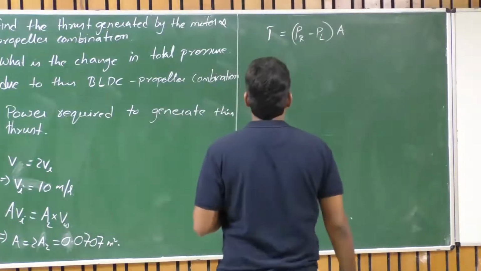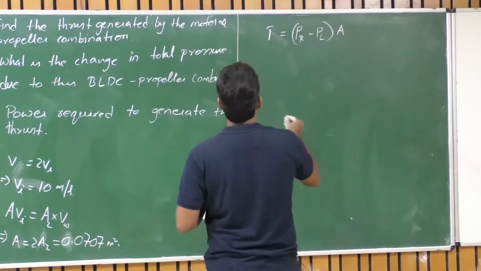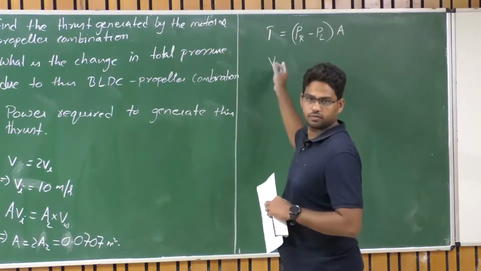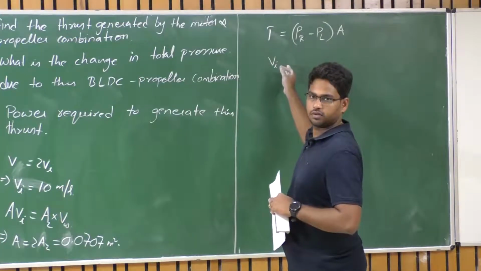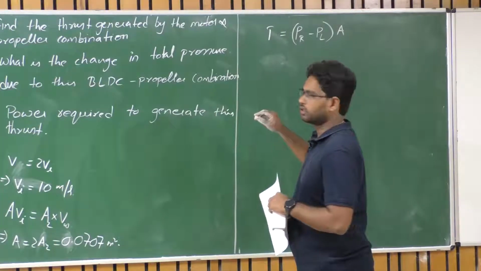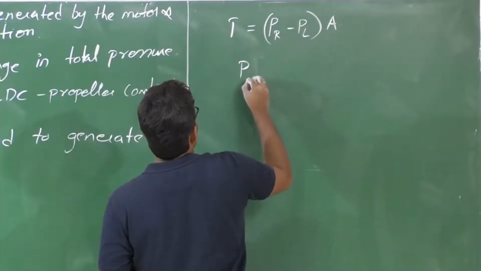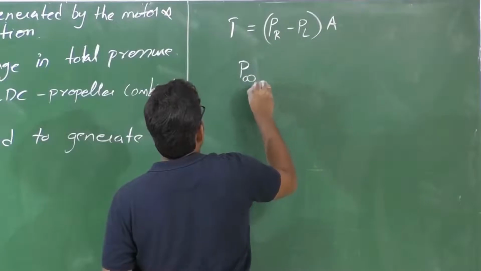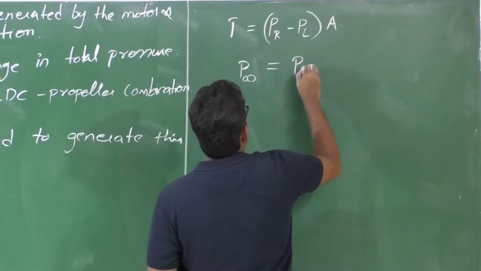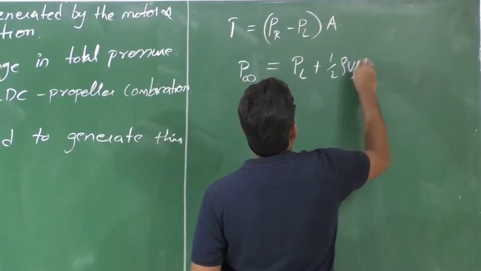So how can I get it? You can do this way, or since you know what is V1, you can use the thrust formula, but I am not doing that. You better do this. So far ahead of this is equals to atmospheric pressure, P infinity, which is far ahead of this disk, is equals to PL plus half rho V1 square, isn't it?